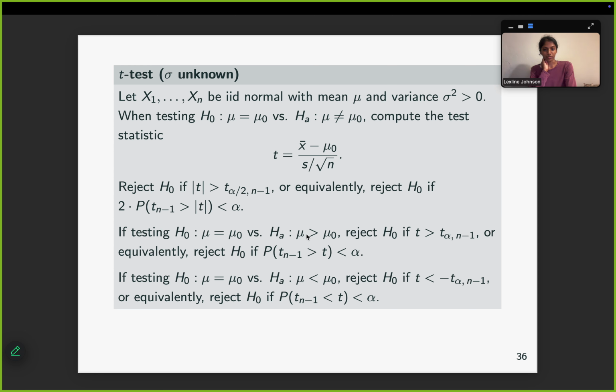So for a single-tailed test where the mean is greater than the value, we reject if t is greater than t alpha, which is the same thing as the probability of t with degrees of freedom n minus 1 being greater than t being less than alpha.